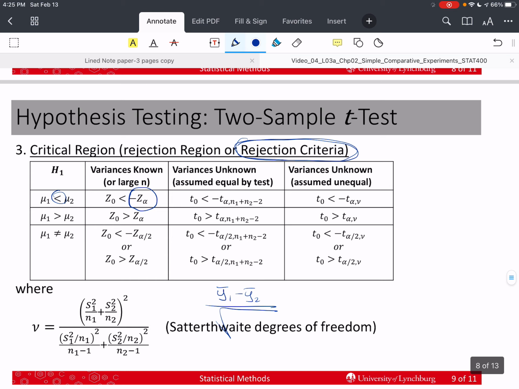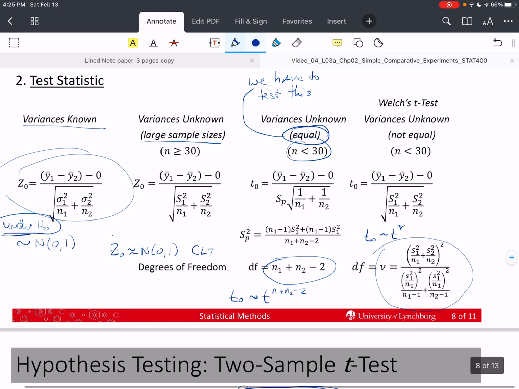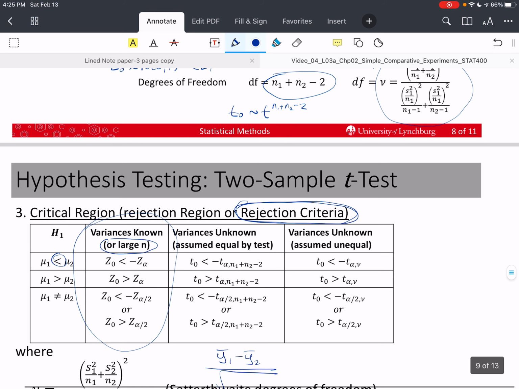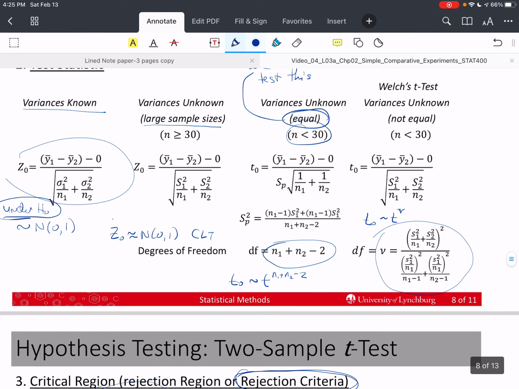So I've given the cases, two cases are combined here. In the first column, we have the variances are known. That would be this first test statistic. Variance is known. Or we have a large N, and we use the same test statistic, except that now instead of sigma, we have S's here. So we'd use this test statistic, a large sample size.